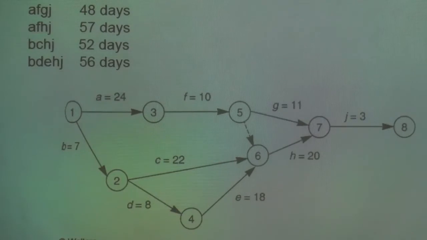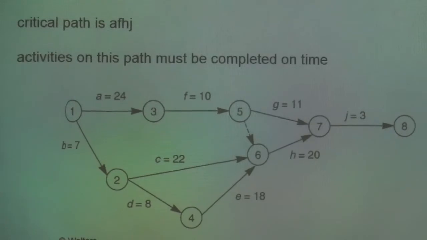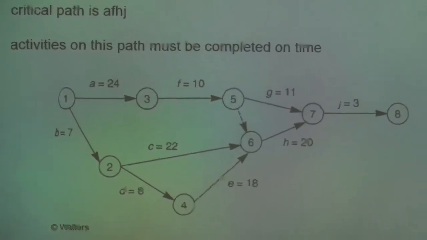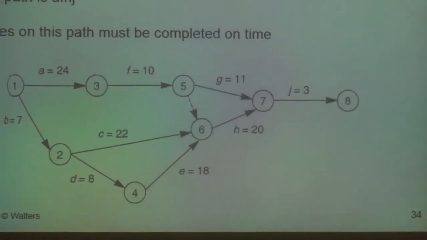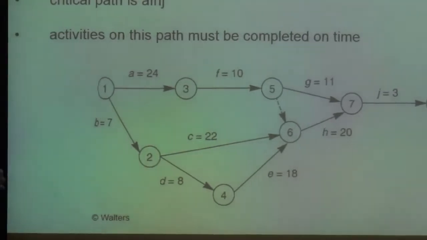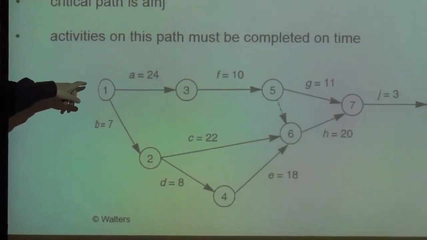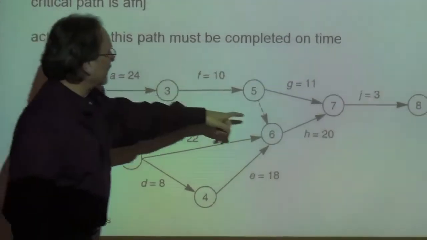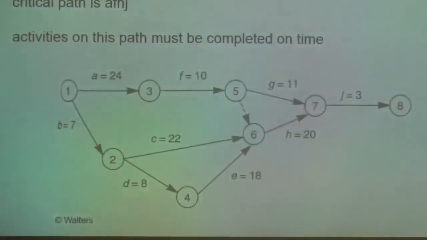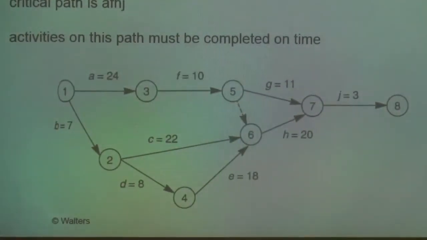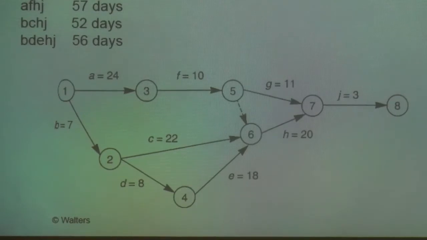So, the critical path for everything to be completed in time is A, F, H, and J, which you recall is 57 days.